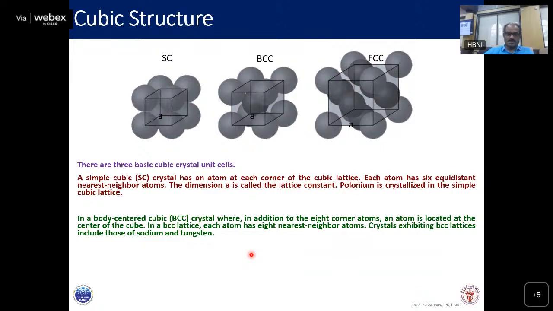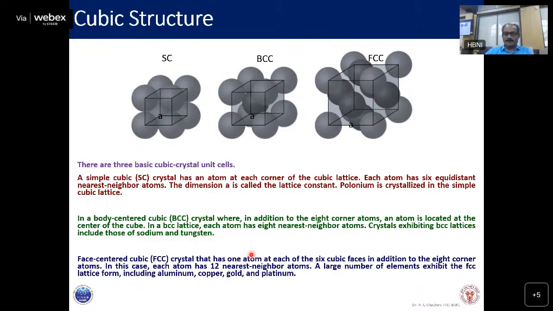Sodium and tungsten crystallize here, but a large number of elements exhibit the FCC lattice form. It includes aluminum, copper, gold, platinum, and the majority of metals crystallize in the FCC structure.